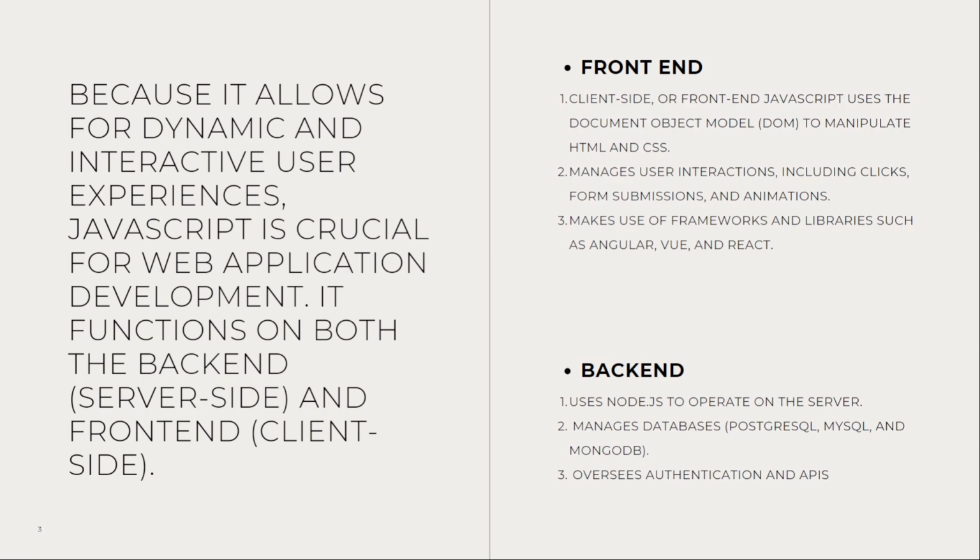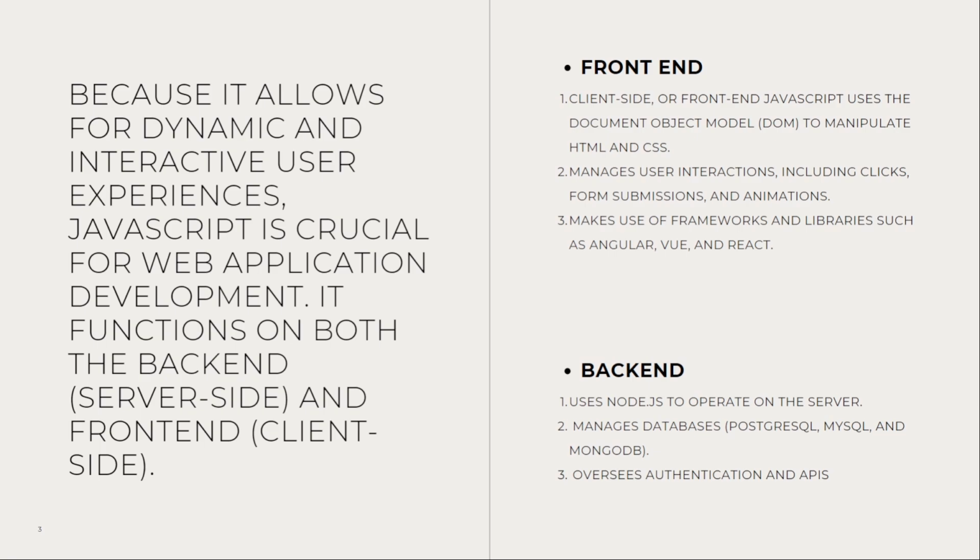So, what is the front end? Client-side or front-end JavaScript uses the document object model, which is known as the DOM for short, to manipulate HTML and CSS. It manages user interactions, including clicks, form submissions, and also animations.